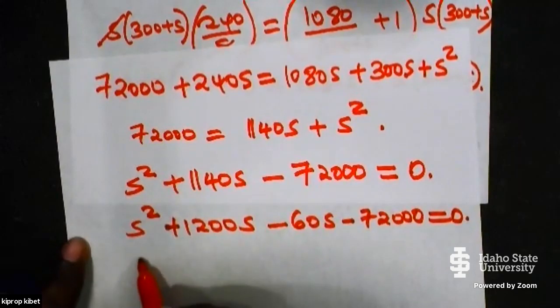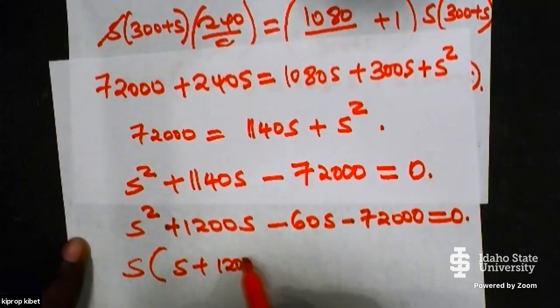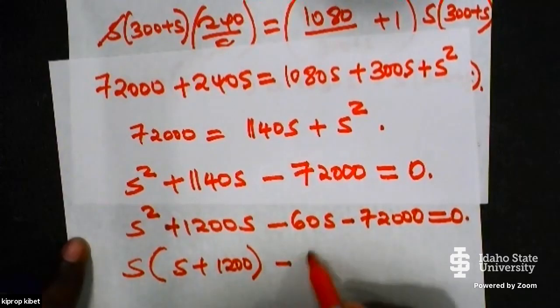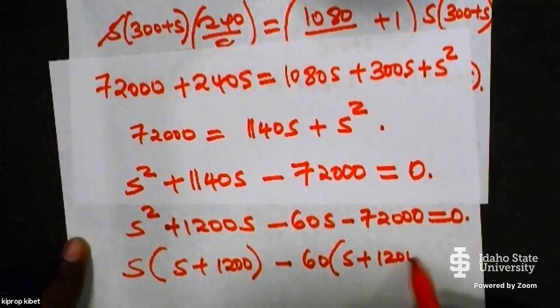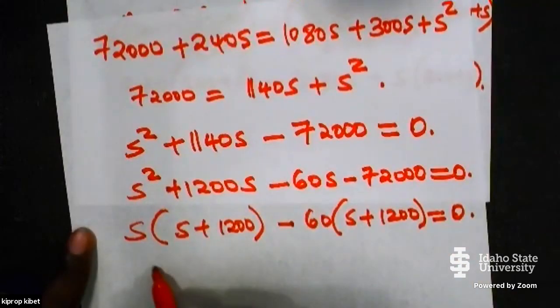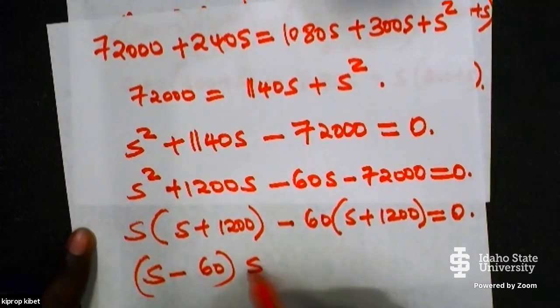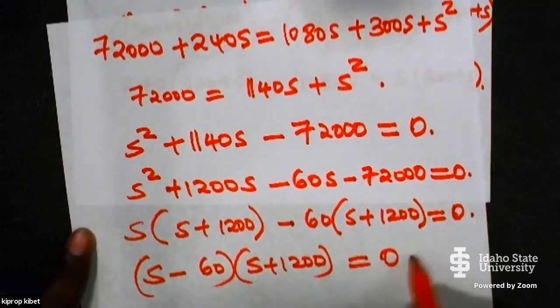So when you factor out S, you get S times (S plus 1,200) minus 60 times (S plus 1,200) equals 0. When you factor out again, (S minus 60)(S plus 1,200) equals 0.